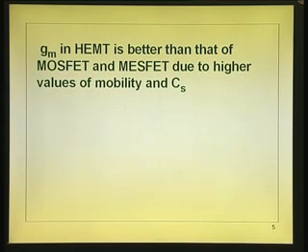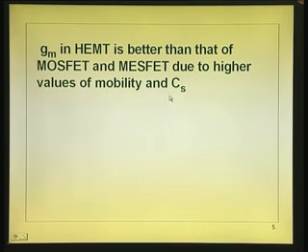Now, this is what we have said already, Gm in HEMT is much better than that of MOSFET, because mobility is 8 to 9 times larger, Cs is at least 3 times larger. So, at least 25 times better Gm compared to MOSFET.